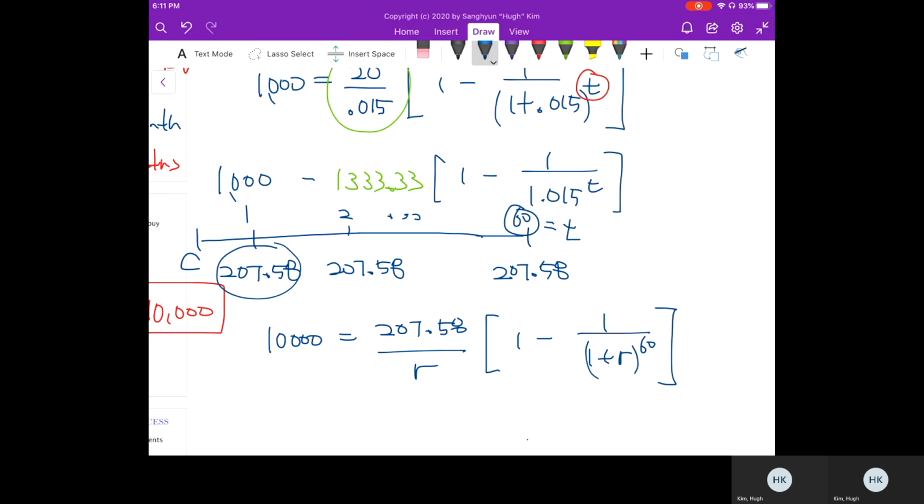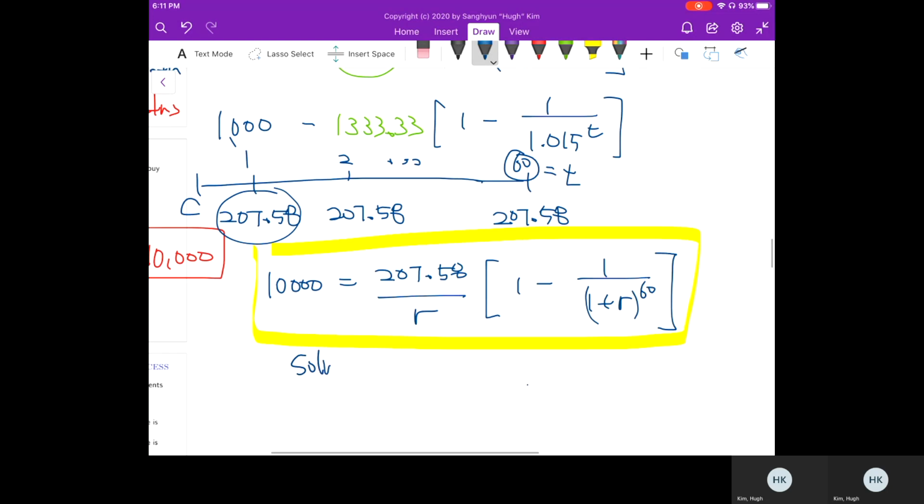So you want to solve for R. But unfortunately, the R is here and here, so we cannot really solve this analytically. So we have to use the trial and error process. Let me illustrate how this works.